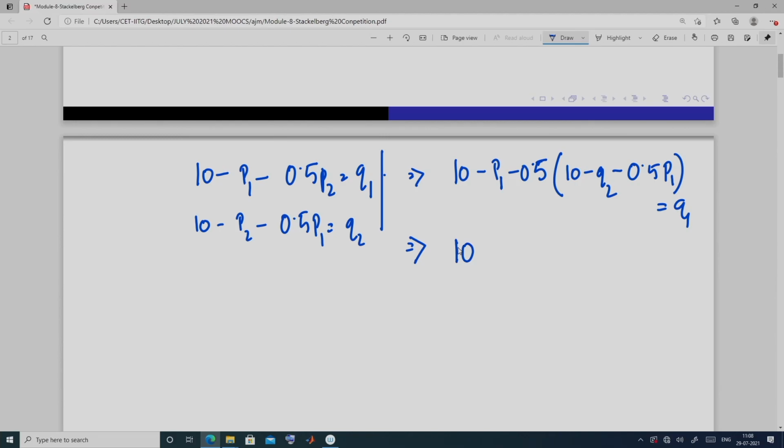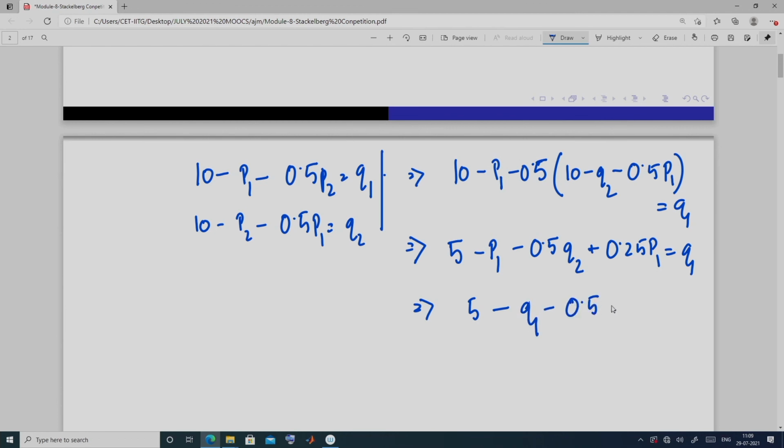So, this is 5 Q2, which we can write in this form.